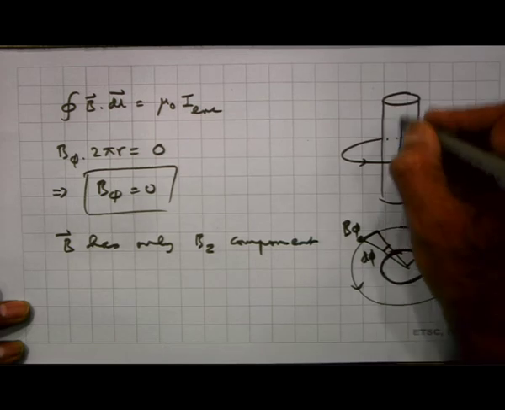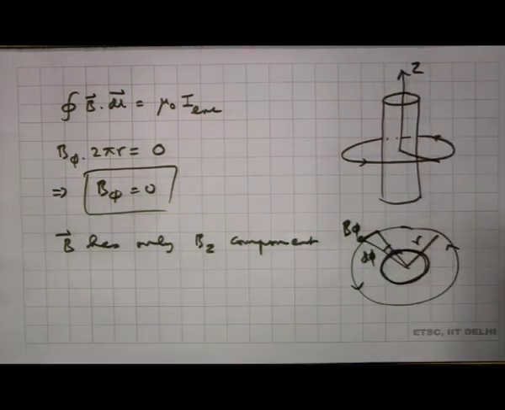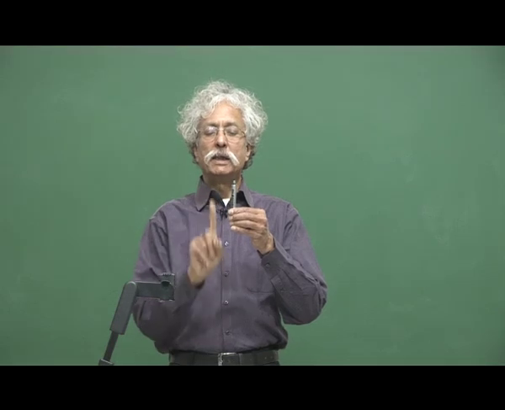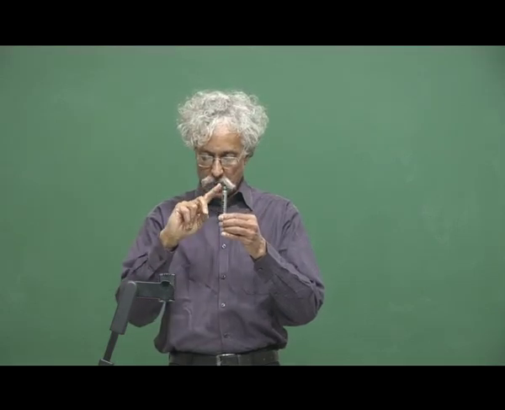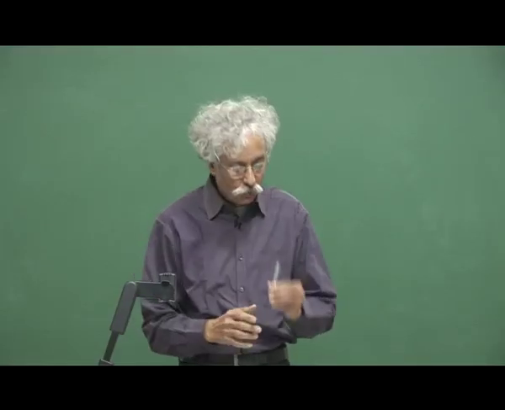So, the z axis is like this now. For the solenoid, it cannot have a component like this, which I showed you first.